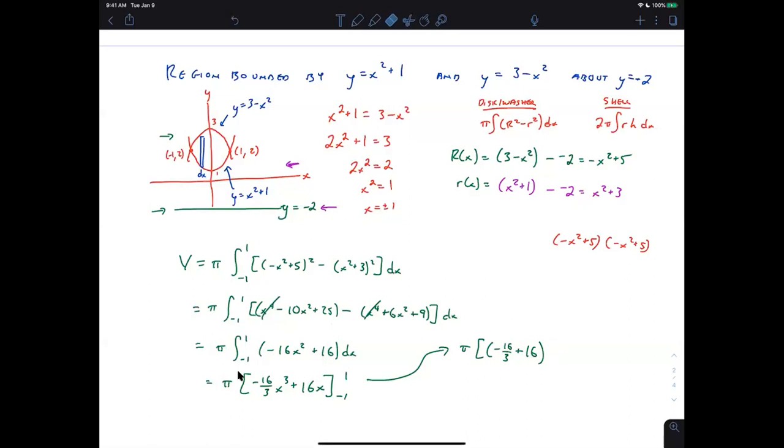And then minus, this will be positive 16 thirds because it's negative 1 to the third, minus 16. And then, man, what is that? Negative 32 thirds plus 32 times pi. And so that's, I think, going to be 64 thirds pi. And forgive me if I did something in my head wrong, but I think that's right.